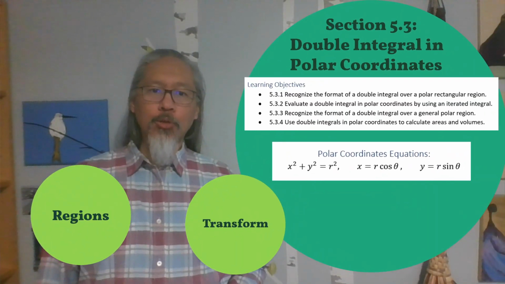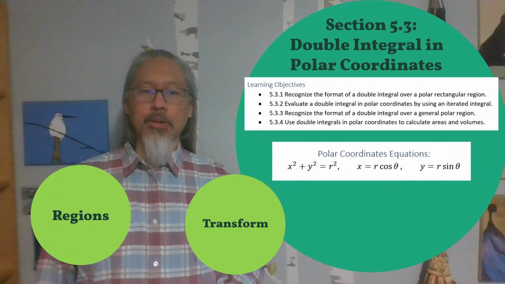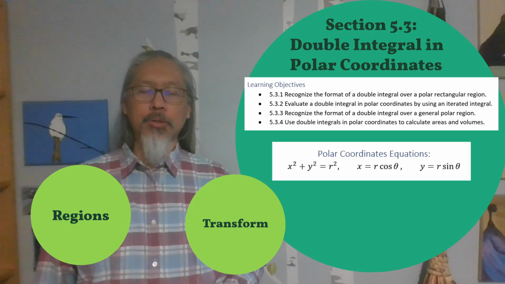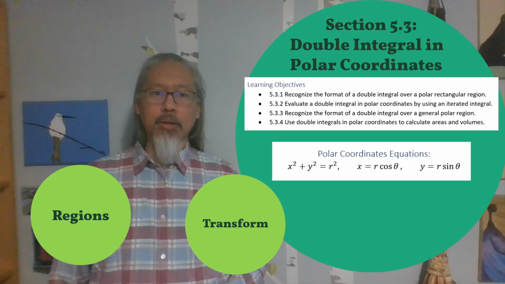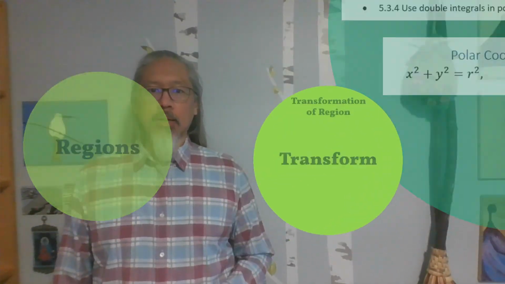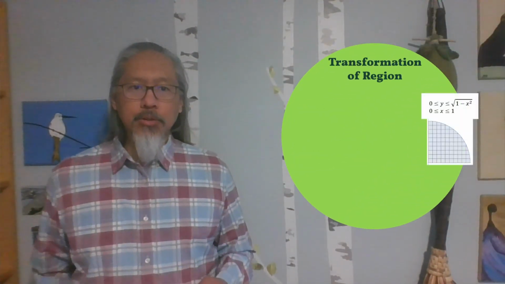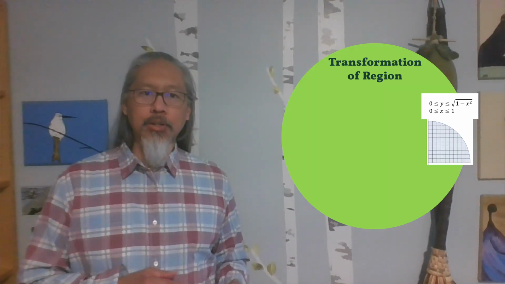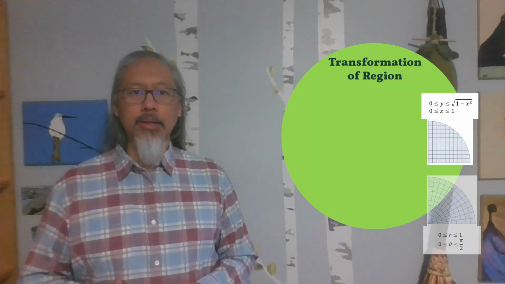As we transform into these polar coordinate graphs, recall our transformation: x squared plus y squared is equal to r squared, and then r cosine theta for x and r sine theta for y. Now something significant happens when we change these variables from x, y to r theta.